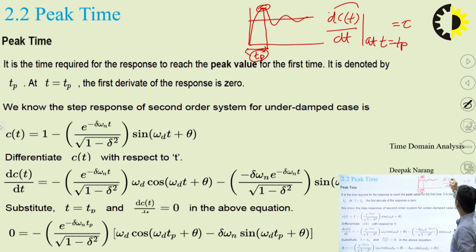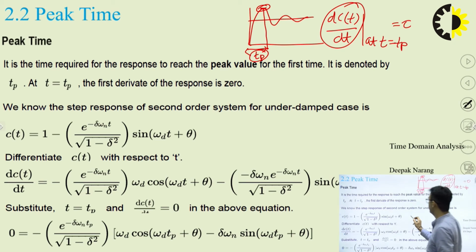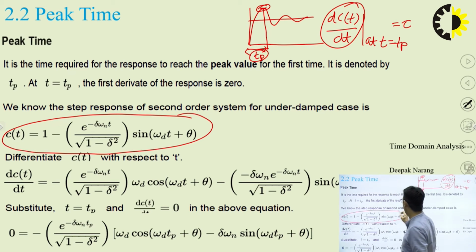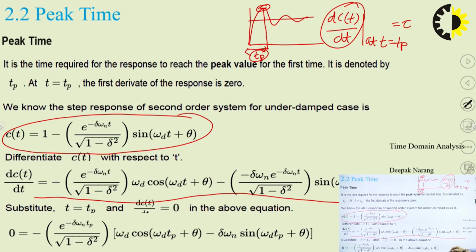So we differentiate our time response with respect to time, and we get this equation. At peak time, this complete differentiation, or the value of the slope, will be equal to 0.